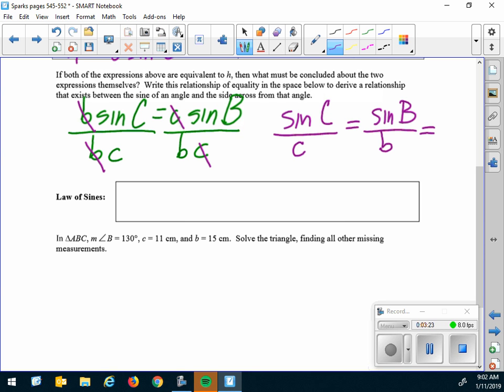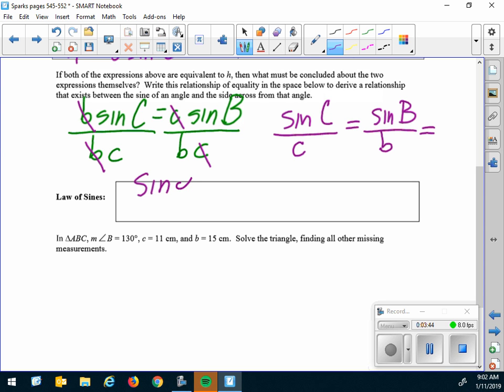So, I'm going to do it this way. I'm going to write it this way to try to at least get you thinking with Greek letters. Remember, alpha is the same as angle A, beta is the same as angle B, gamma is the same as angle C. We good there?